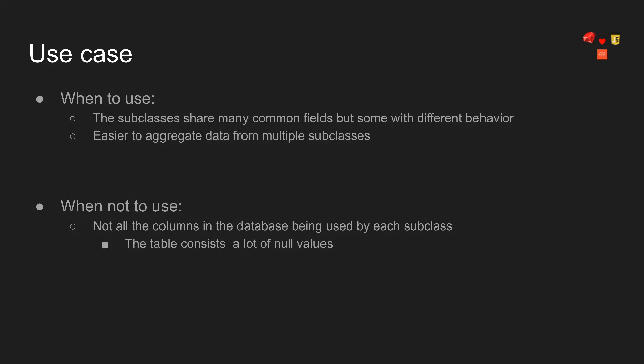And when would you not use single table inheritance? It's when you find your model has to scale, or when those things don't correlate to each other.